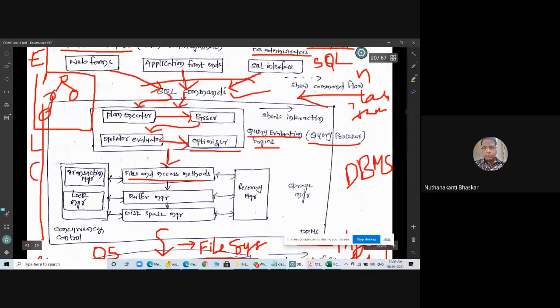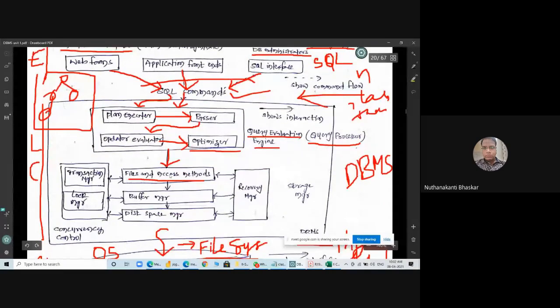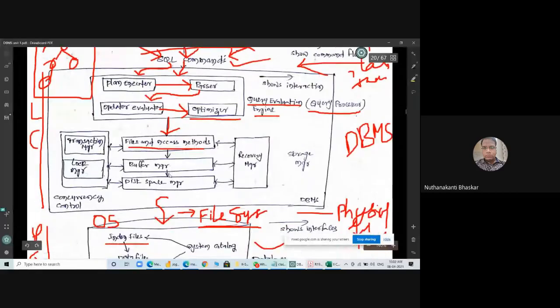I will tell you. I already told you that your database management system supports a concurrency mechanism. It performs multiple operations at the same time, from different users. That is possible only because of this buffer manager. Multiple queries are coming.